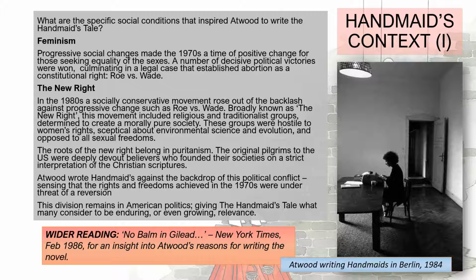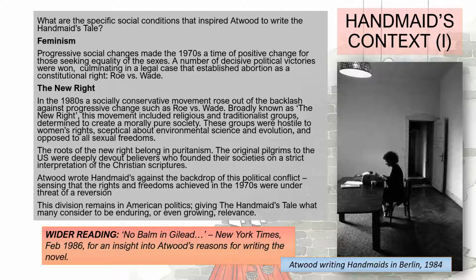And during the 60s and the 70s, there was a great time of positive change for women. And especially in America in the 1970s, there were a number of decisive political victories, and feminists really felt that they were getting somewhere. In particular, there was a key legal case that established a legal precedent for abortion in the United States.